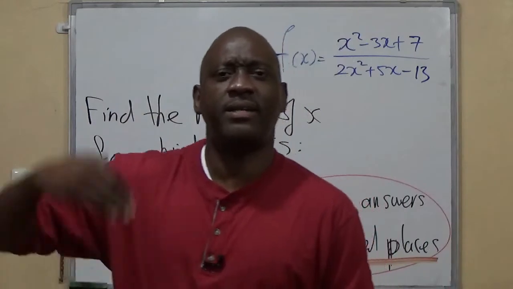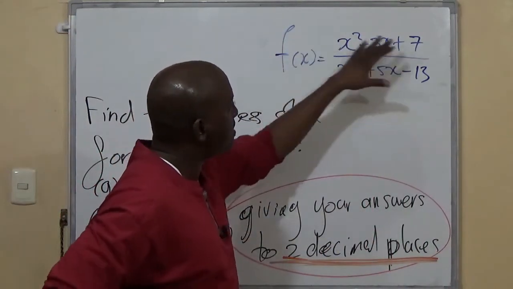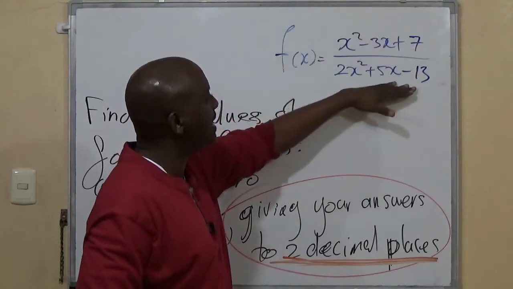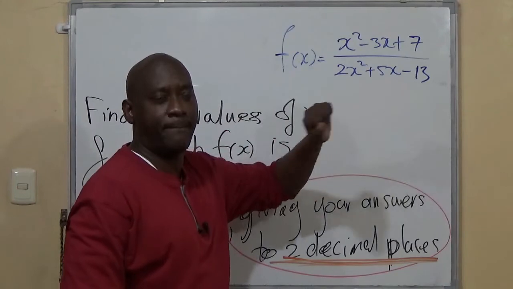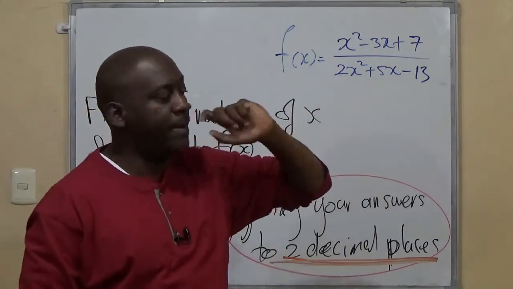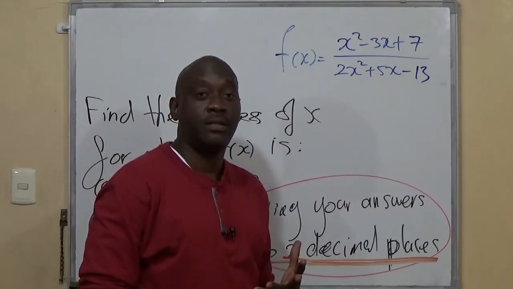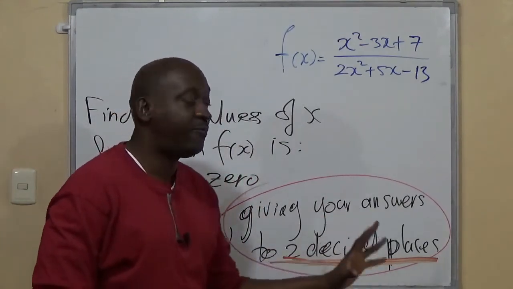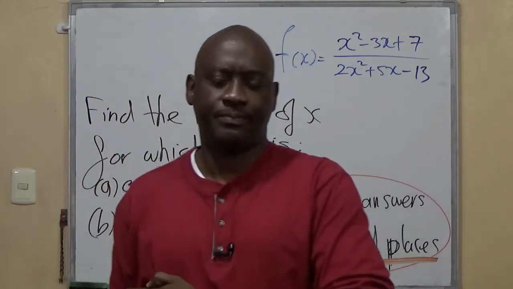And then we took it up a notch even further, and we made the functions in the numerator and the denominator such that you couldn't factorize them, which now meant that you had to do something else. You had to use the quadratic formula, which is the subject of a different video.